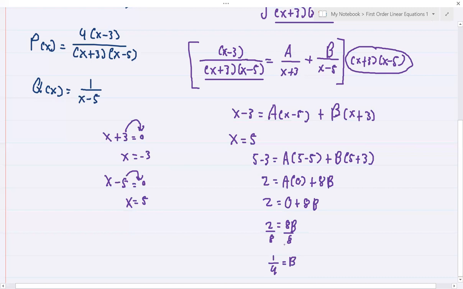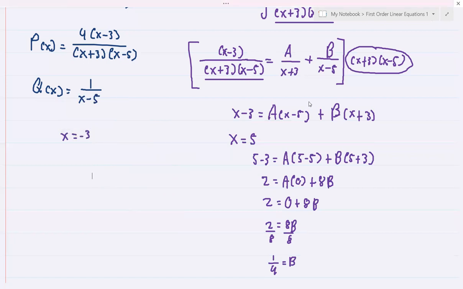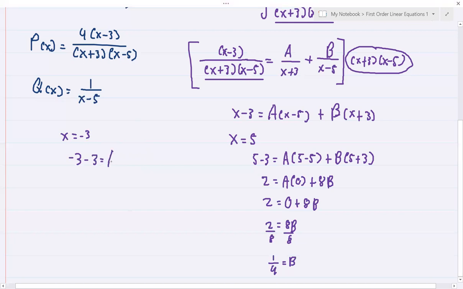Now, what if your x is equal to negative 3? So we will have negative 3 minus 3 is equal to a times quantity negative 3 minus 5, plus b times negative 3 plus 3. So we will have negative 6 is equal to negative 3 minus 5, which is negative 8, so negative 8 times a.